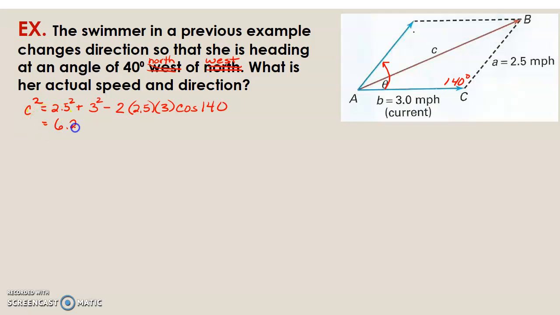So 6.25 plus 9 minus 5 times 3, 15 cosine 140.